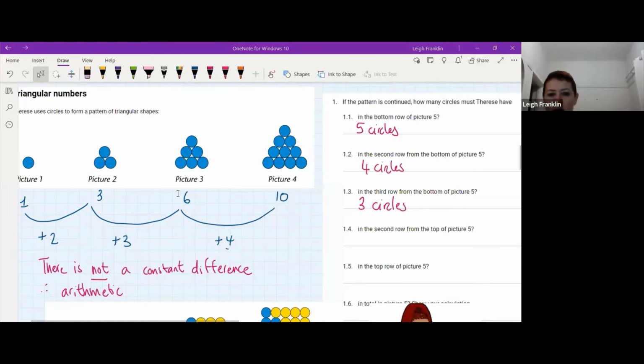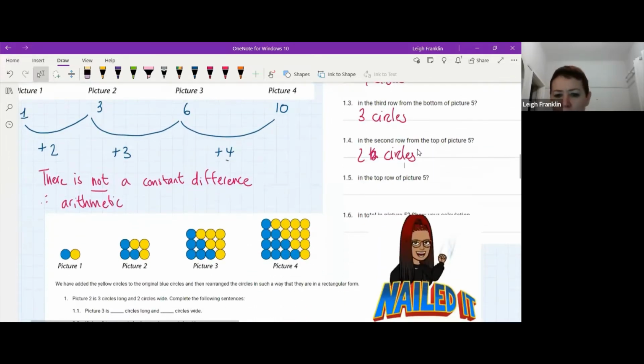Okay, Mbali, you try 1.4. Ma'am, the answer is 2 circles. That's quite right, Mbali. There are 2 circles in the second row. And that means that in the top row, Asimahle, is this the one you wanted to do? It's 1, ma'am. It is 1 circle, quite right.